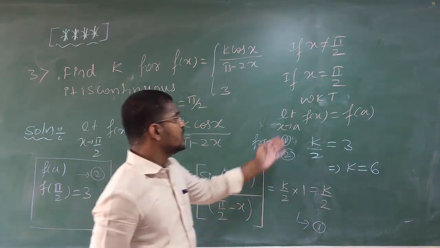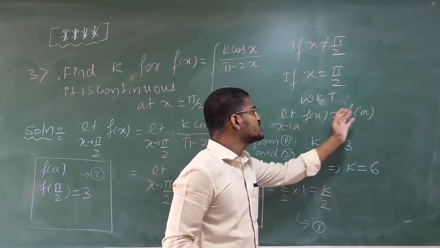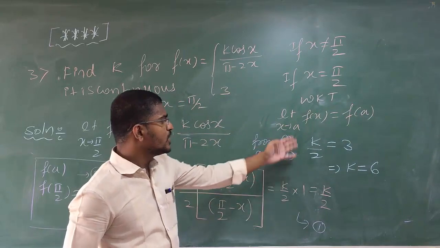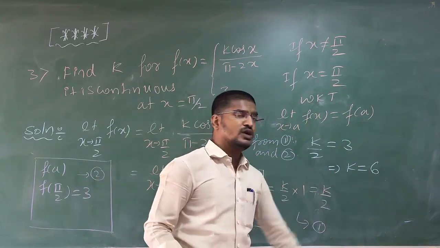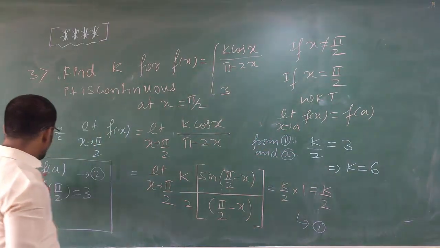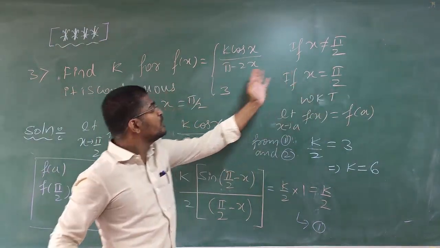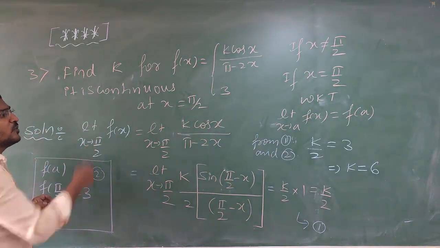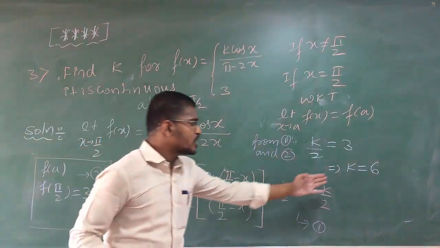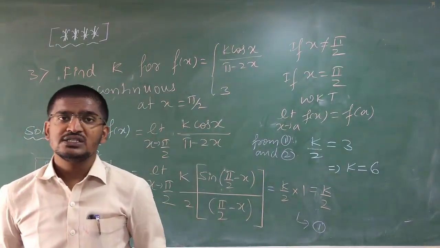Clear? So we know that limit as x tends to a of f of x equal to f of a. From 1 and 2, k by 2 equal to 3. Therefore k equal to 6. f of a is f of pi by 2. The a value is what? Pi by 2. f of pi by 2 is how much? 3. Directly from your problem. So therefore you are having the answer k equal to 6.